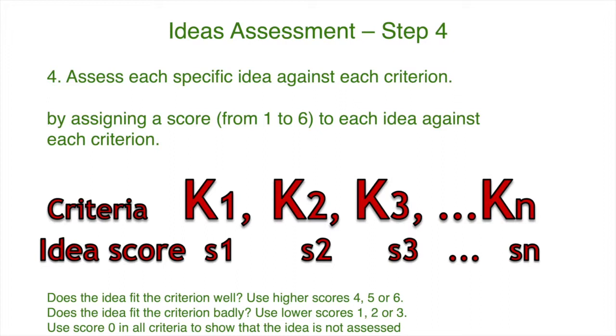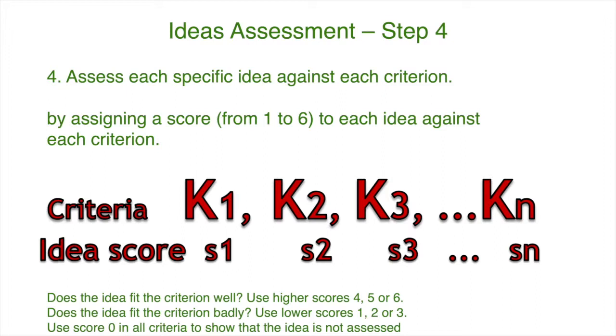If the idea fits the criterion very well, we will give a high score, which means 4, 5, or 6. And if the idea does not fit the criterion particularly well, we will use the lower part of the scale, from 1 to 3.